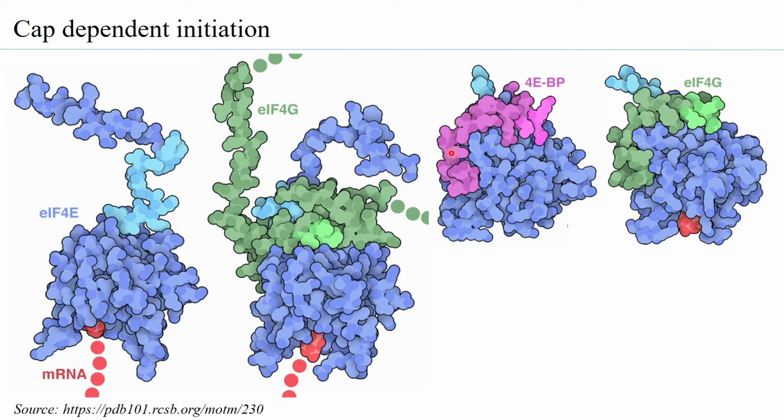Only when the 4E binding protein is released and in place of that you have EIF4G coming and binding, will the EIF4E become active. You cannot see the region that binds to the 5' cap of the mRNA here, but look at this, you can immediately find the region that binds to the 5' cap exposed. So this can bind effectively to the 5' cap, whereas this cannot.